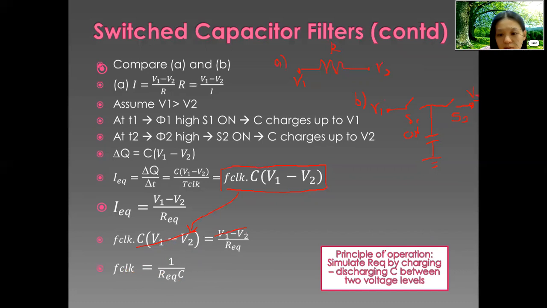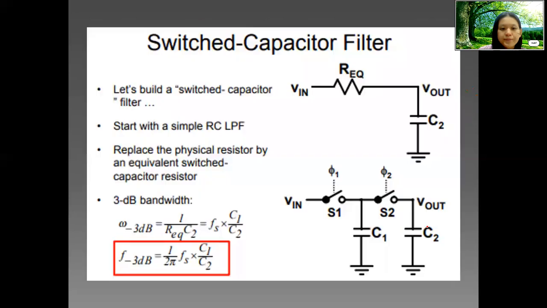So here is the principle of operation. We simulate the equivalent resistor by charging and discharging the capacitor between two voltage levels. By building this, we will build the switched capacitor filter by replacing this R equivalent.